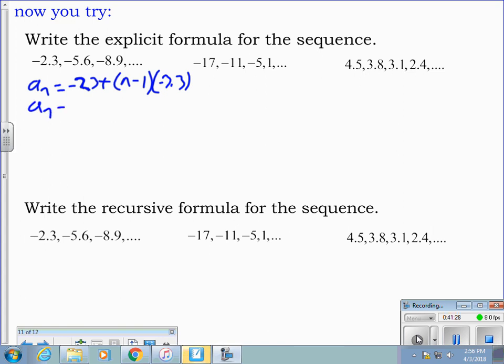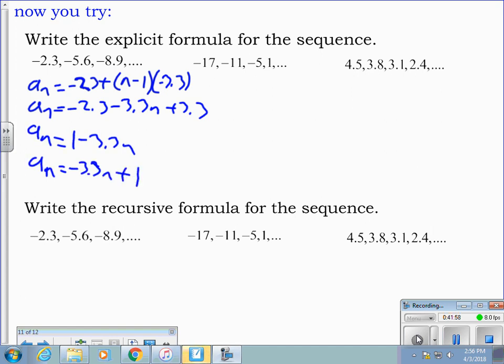Distribute, equals negative 2.3 plus, or I should say minus 3.3n plus 3.3. Negative 2.3 plus 3.3 gives me a 1. So I have 1 minus 3.3n, or a sub n equals negative 3.3n plus 1. Either way is fine with me. It really doesn't matter which one.